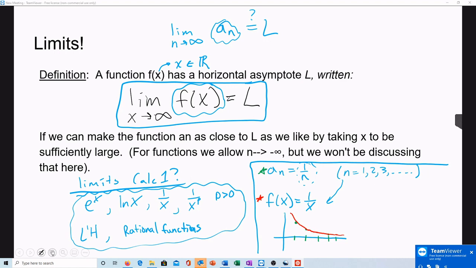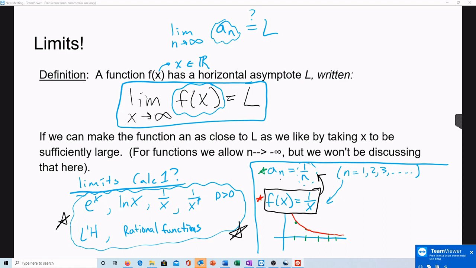So the idea of this is, if I can find a function, f of x, that matches my sequence, whatever sequence I give you, if you can tell me a function that matches that sequence, then anything you learned about doing limits for this, you can then apply to this. And that includes all of these limit ideas from Calc 1. So if you have to use L'Hopital's, if you have to just say, oh, this is a function I know, 1 over x, I know that goes to 0, that implies that this sequence will go to 0.